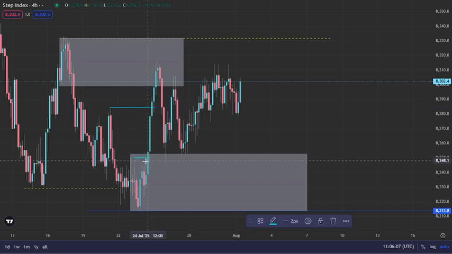When price breaks this internal structure, it doesn't signal that the swing pullback is starting. So we can't deem this to be a significant enough pullback, so we can't mark this one. Let me read this.